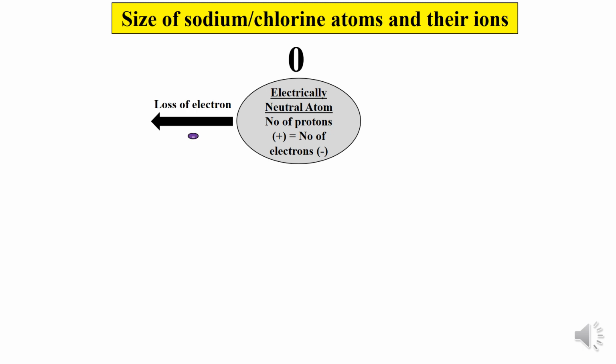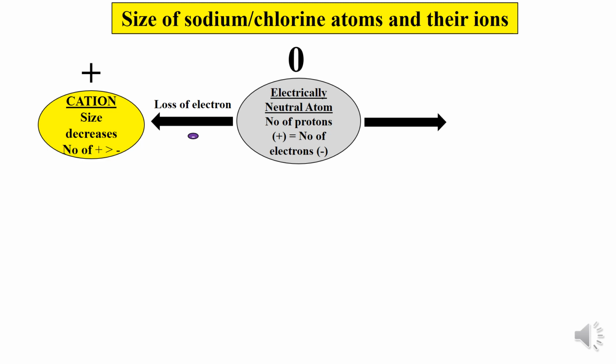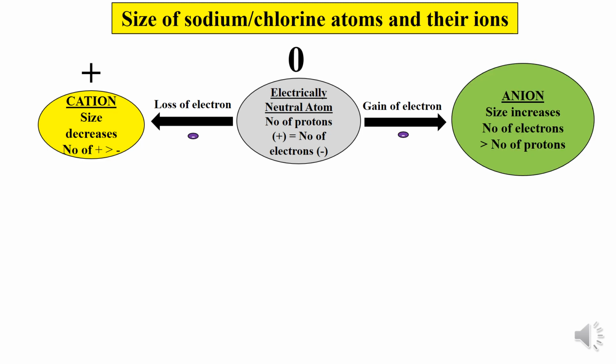When it loses an electron, a cation is generated. The size of the cation decreases because the number of protons is greater than the number of electrons. When the neutral atom gains an electron, an anion is generated. The size of the anion increases because the number of electrons is greater than the number of protons.